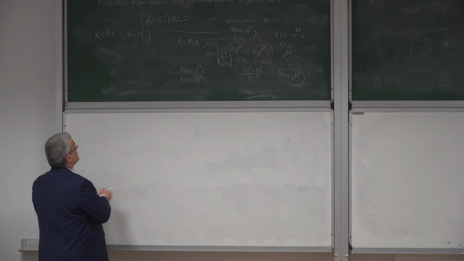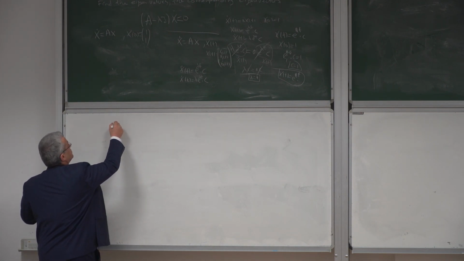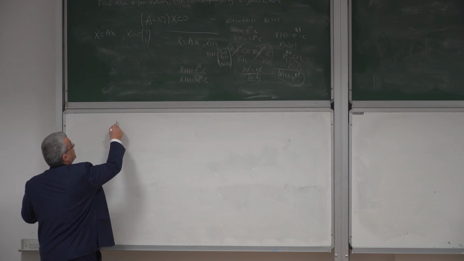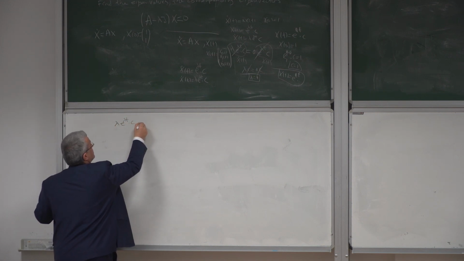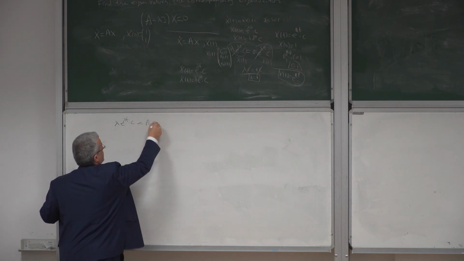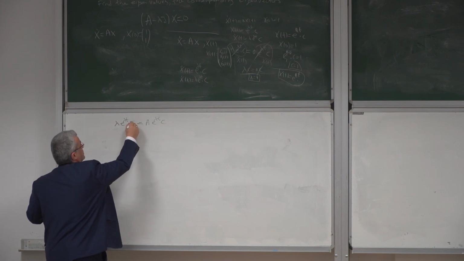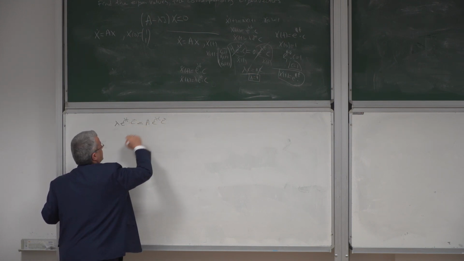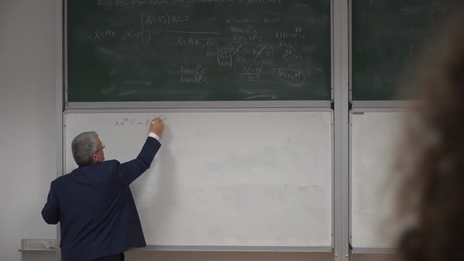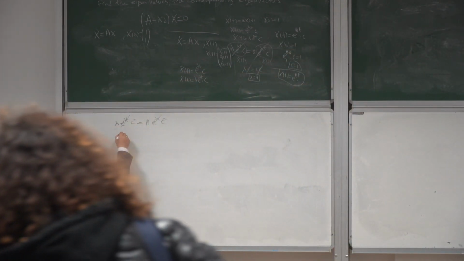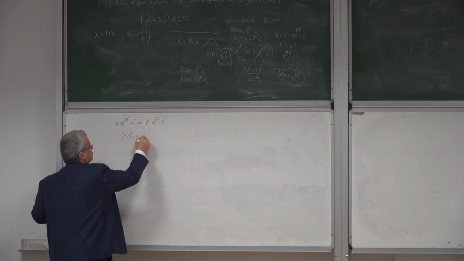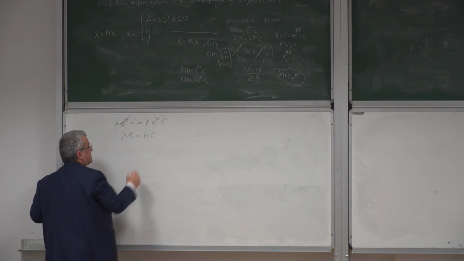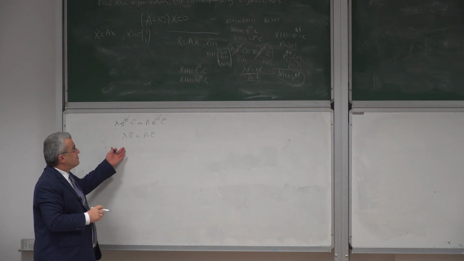When you substitute that in the differential equation, then you have lambda e to the lambda t c is equal to A e to the lambda t c. c is a vector, A is a matrix. So e to the lambda t cancels, and you have lambda c should be equal to Ac. Again, when can you satisfy this?